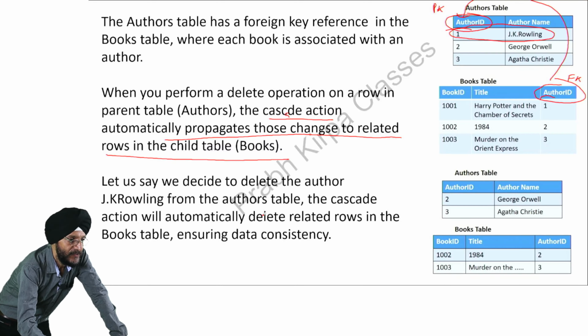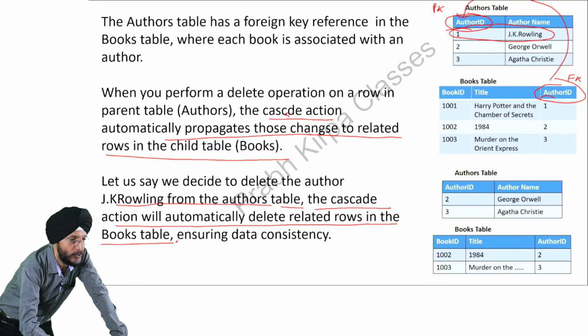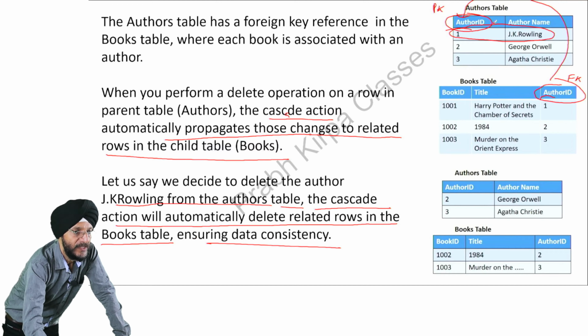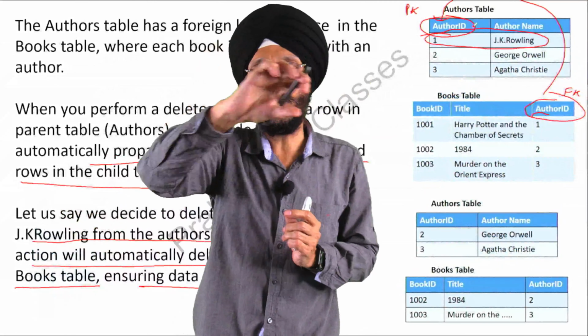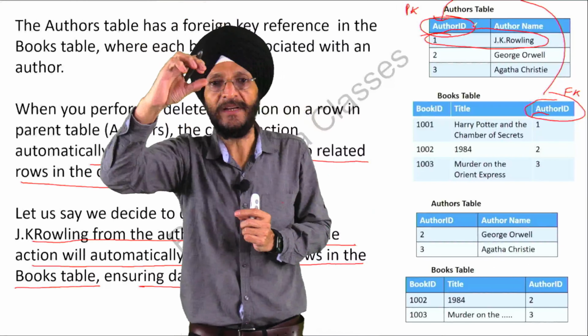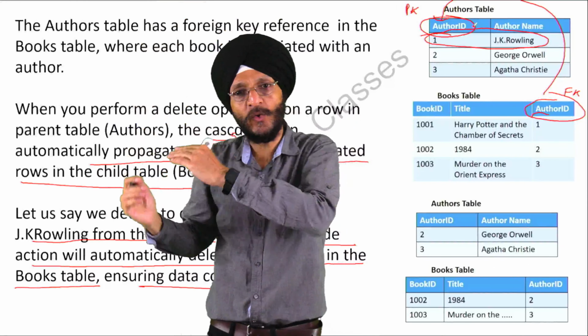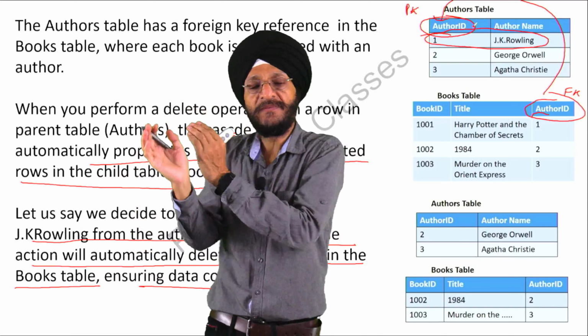How does it happen? If you decide to delete J.K. Rowling from the authors table, the cascade action will automatically delete related rows in the books table, ensuring data consistency. That is, if you want to delete the author's name from the parent table, it will have its effect on the other tables which are related to it.